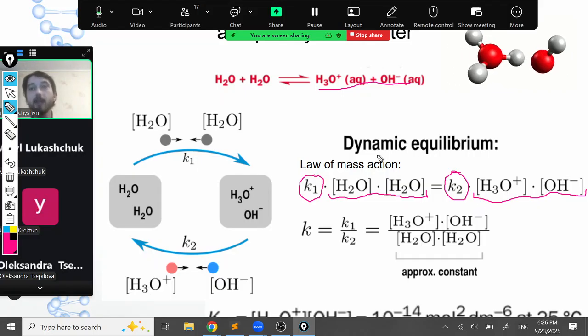If this is dynamic equilibrium, they should be equal. So how much transforms one way, the same number transforms the other way. So we set the equals sign here. And that's what we need.